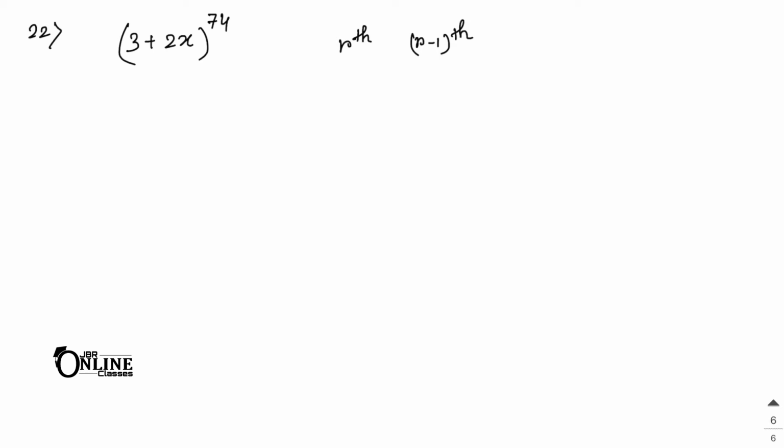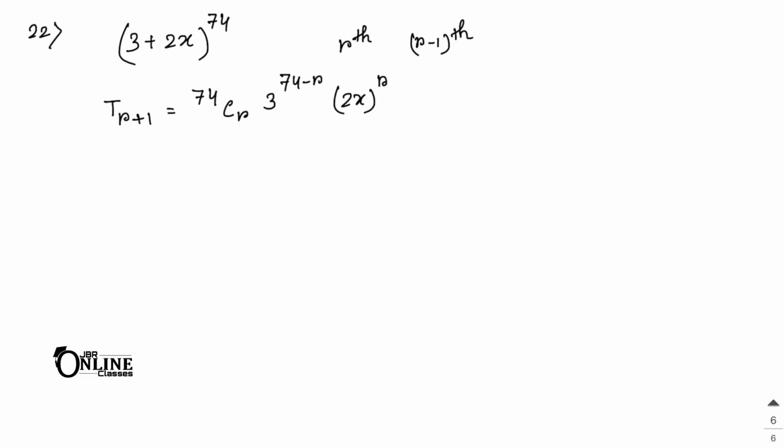So rth term and r minus 1th term will be the two consecutive terms. So if rth term, then it will be T r plus 1, and according to the formula, that is 74 C r, then 3 to the power 74 minus r, and then 2x to the power r. Okay, I hope it's clear.